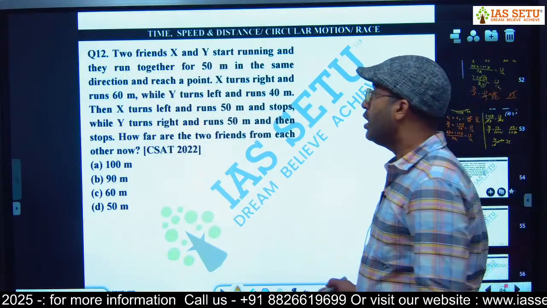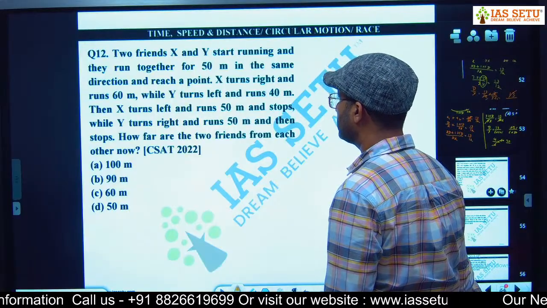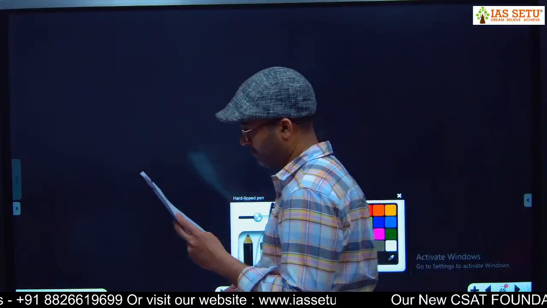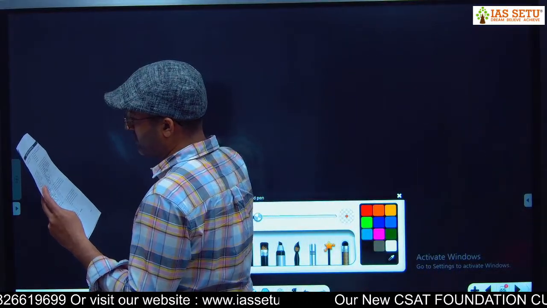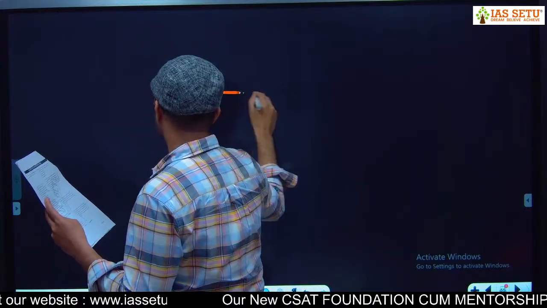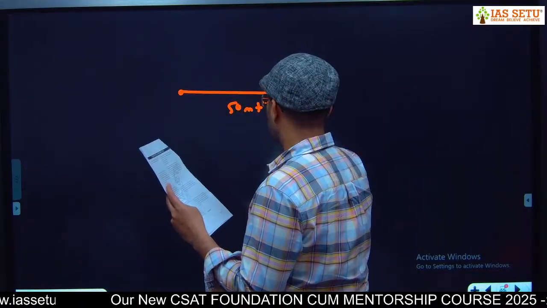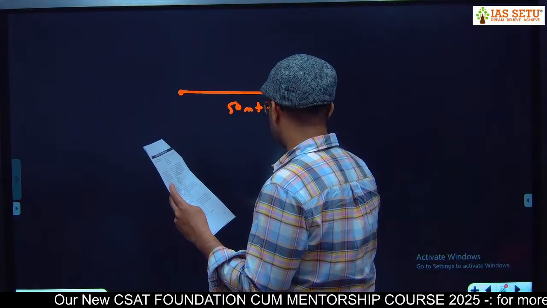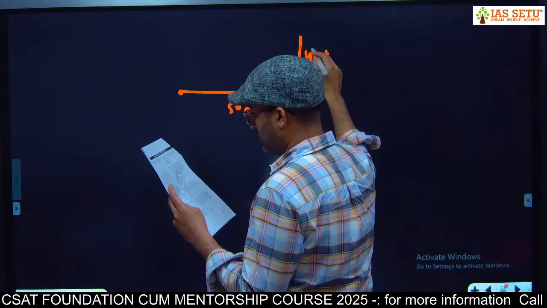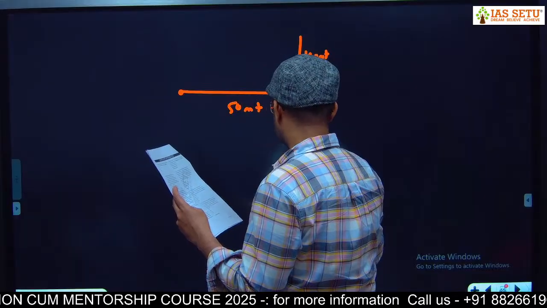handle it. Two friends X and Y start running and they run together for 50 meter in the same direction, reach a point. अब वो same direction कोई भी ले लो, मान लो यहाँ पे वो 50 मीटर भागे, and from this point X turn right, X right turn किया 60 मीटर, Y turn left 40 मीटर, X turn left, run 50 मीटर.